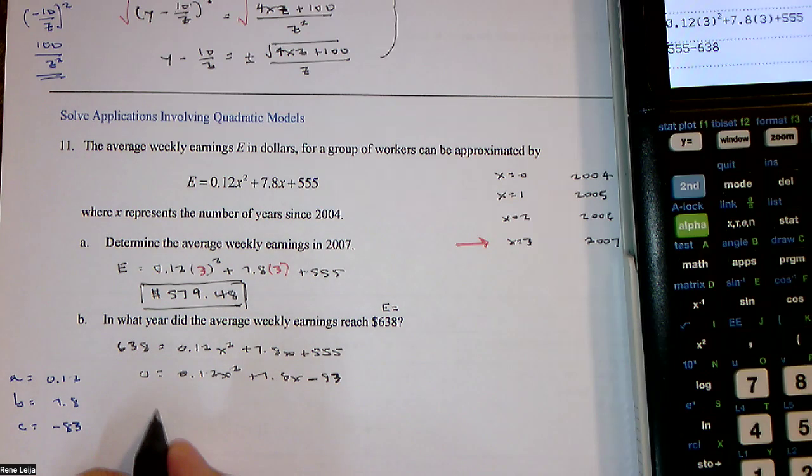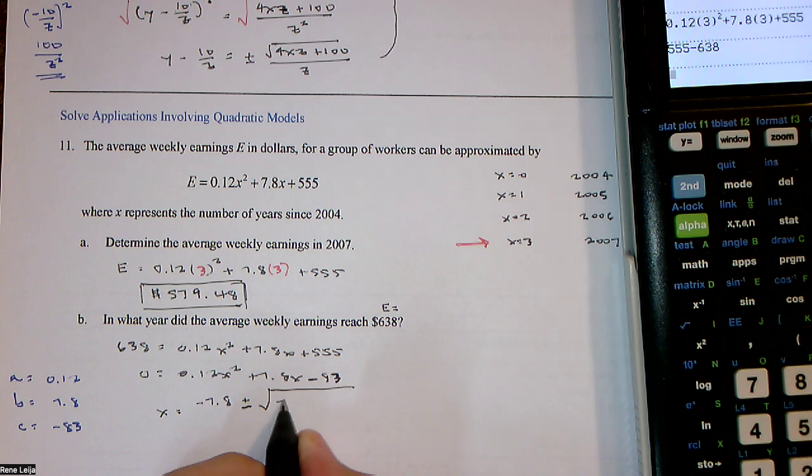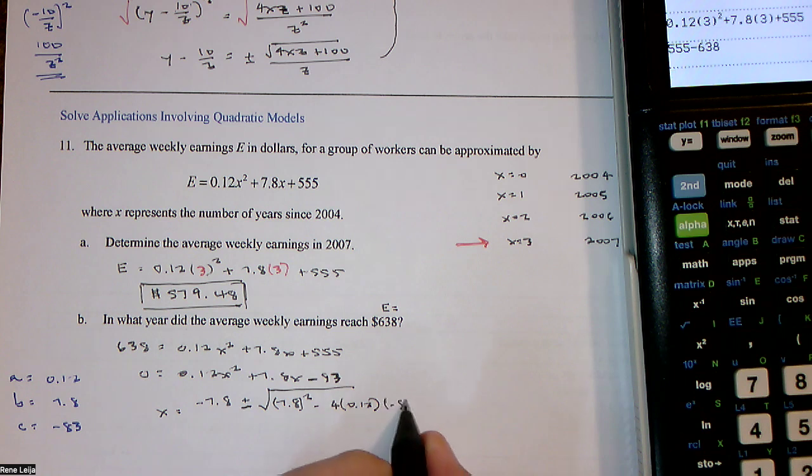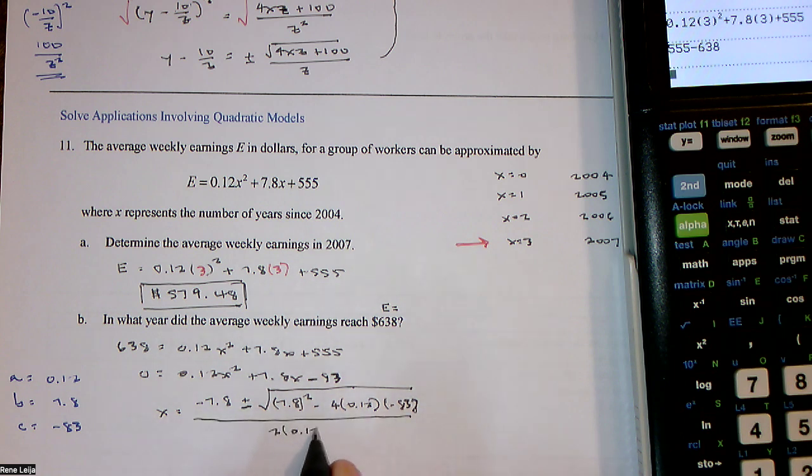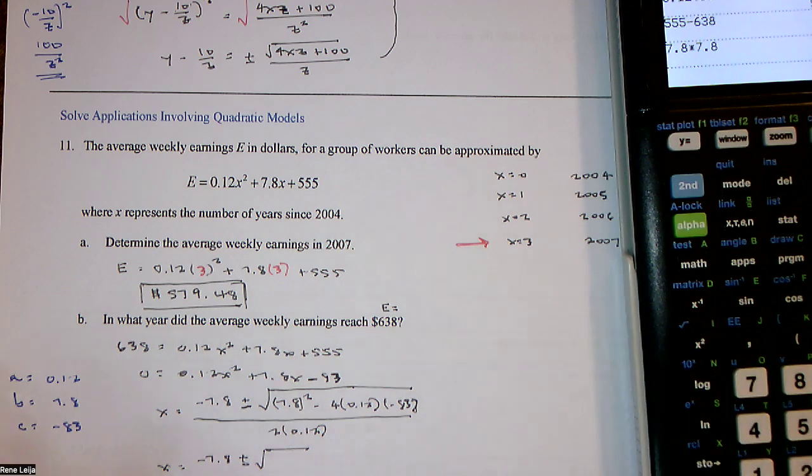Let's see what we get. So X equals minus 7.8 plus or minus the square root of 7.8 squared minus 4 times A, which is 0.12, times C, which is negative 83, all over 2A, 2 times 0.12. So negative 7.8 plus or minus, now we're going to number crunch, 7.8 times 7.8.